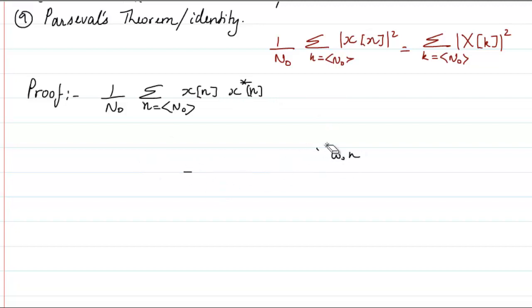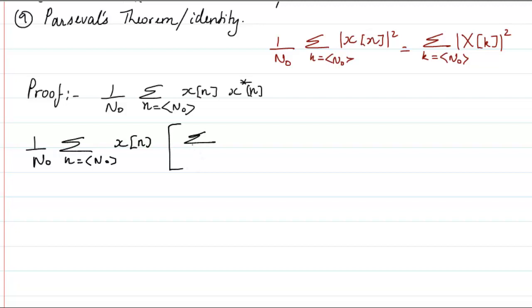So that is what I am going to do for the conjugate of x of n. I am going to rewrite this as 1 by n naught summation n within the period n naught x of n, and now whatever is x of n, I am going to write it here as summation k within the period n naught, capital X of k e raised to power j k omega naught n, conjugate.